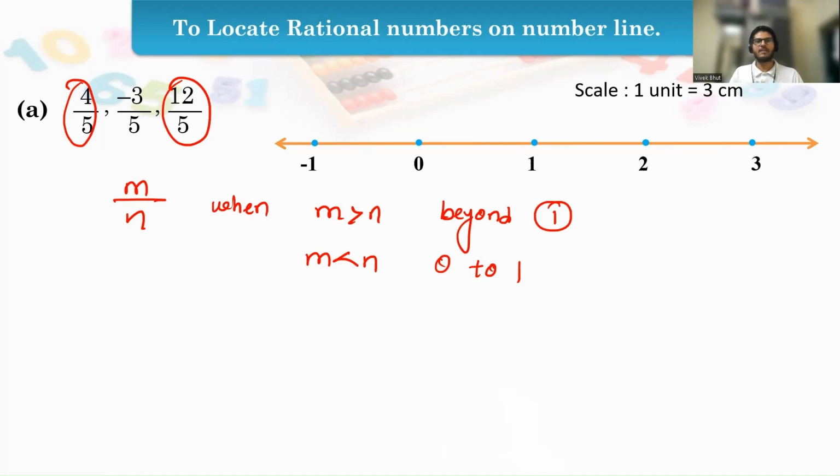इसका मतलब कि अगर मैंने नंबर लाइन को डिवाइड किया 5 में, जैसे फॉर एग्जांपल if I write 1 as 5 by 5, 2 as 10 by 5 and 3 as 15 by 5, so I'm definitely sure that my number is going to be in between 10 by 5 and 15 by 5. ठीक है? अच्छा, अब जैसे कि मैंने आपको पहले ही बोला था कि whatever is your denominator, in that denominator number shows how many divisions you have to make in between the two integers.